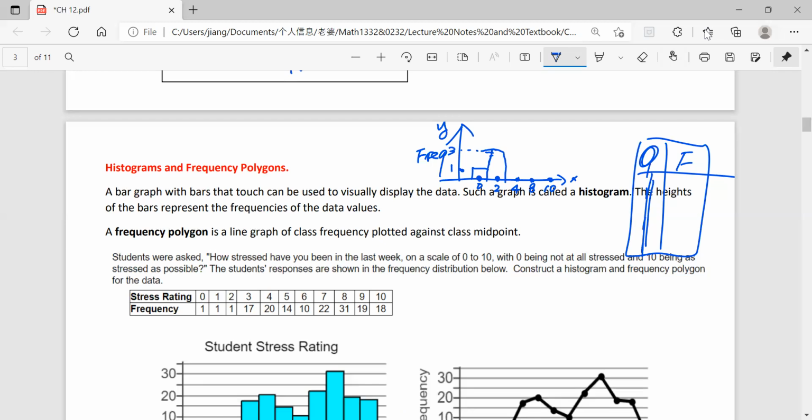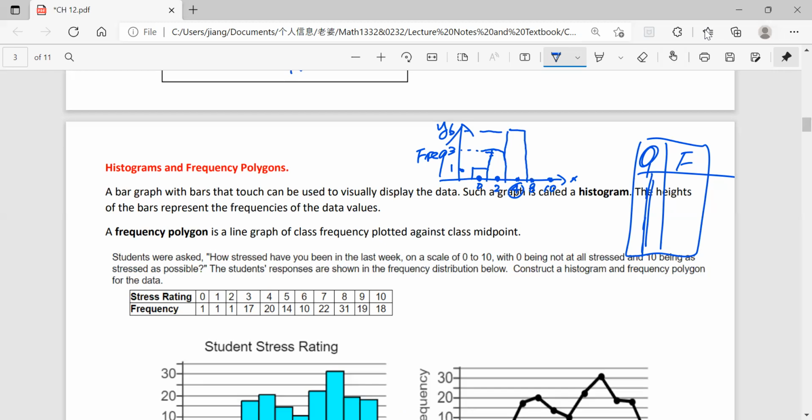For 4 hours, maybe 6 students. So the y-axis represents the frequency. If the frequency is higher, more students in the survey said they study that many hours.